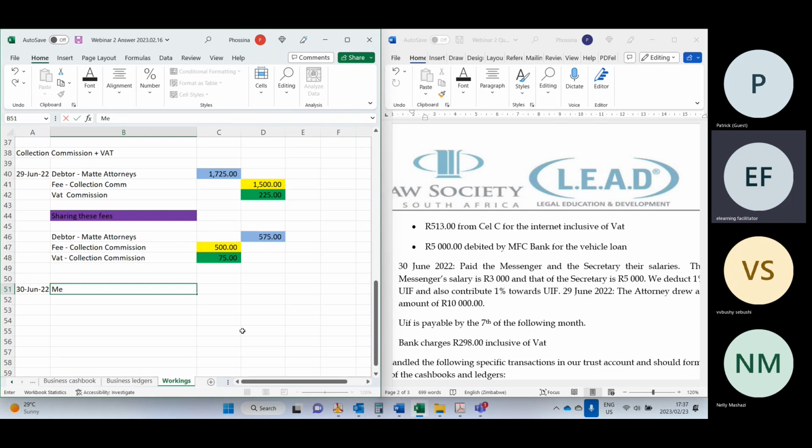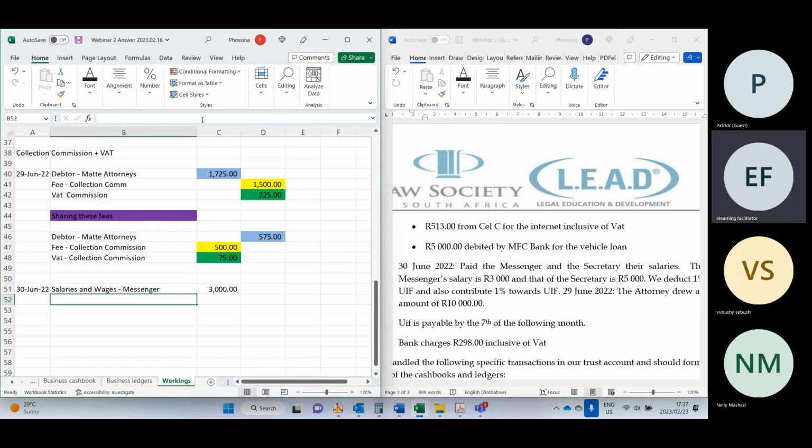For messenger, to the salaries and wages account, and then this one is for our messenger. How much is it? 3,000. So we record it in full.